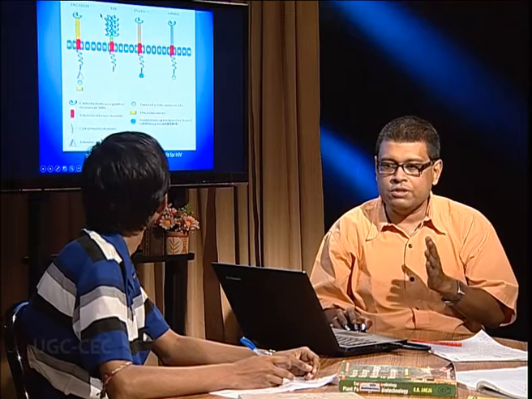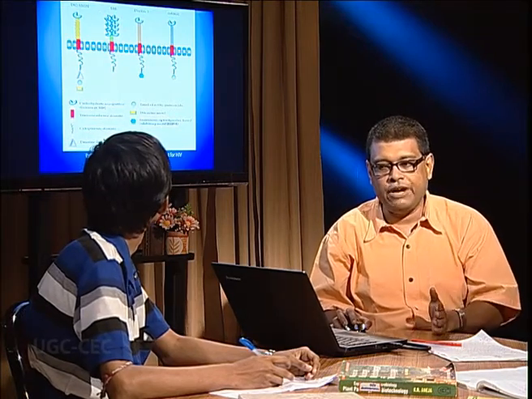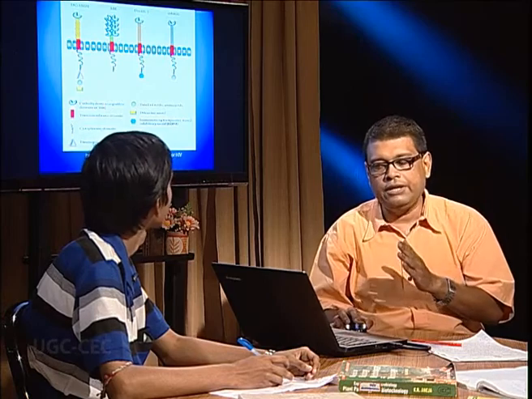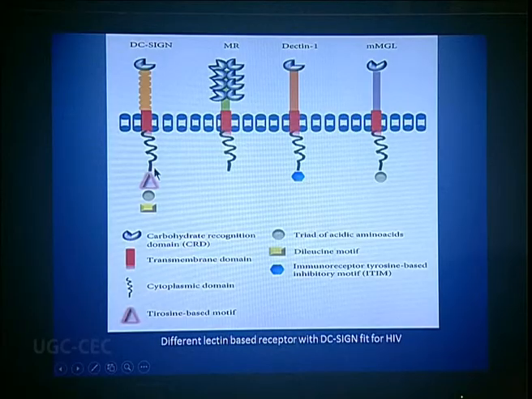Now this is really unique. Apart from the common CCR5 or CXCR5, they are also attracted towards the lectin receptor. These D-lectin or DC-SIGN receptors are also very important receptors for HIV, and they can also help in the entry of the virus.